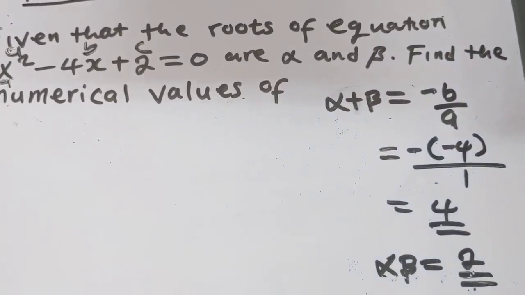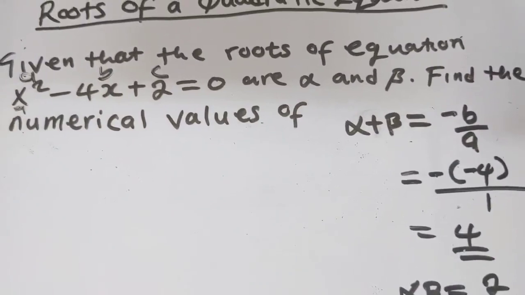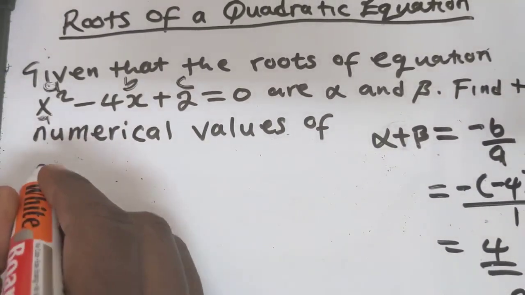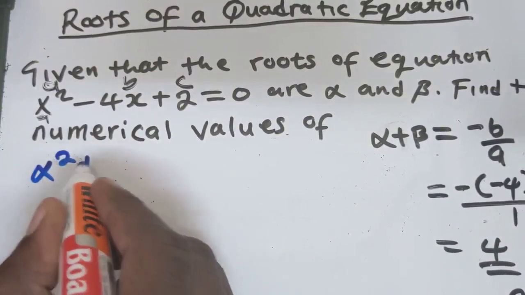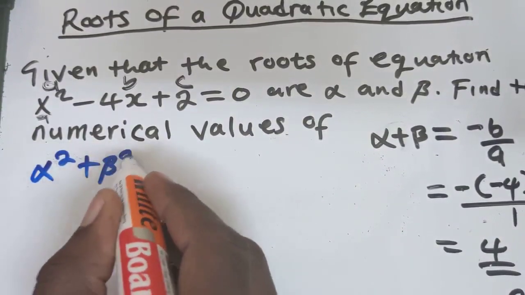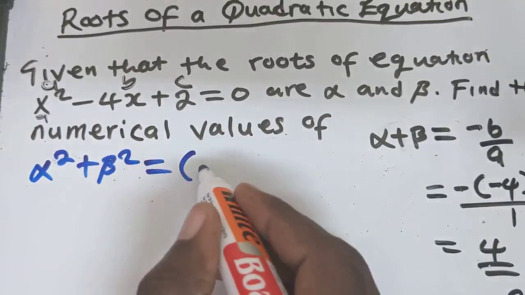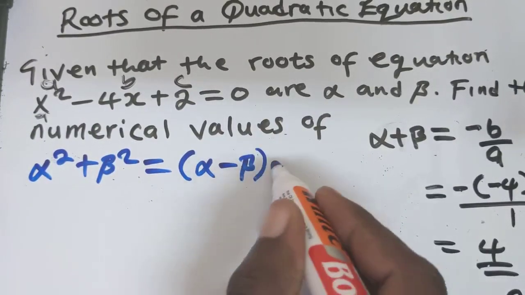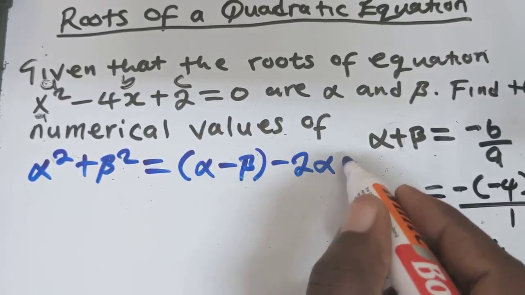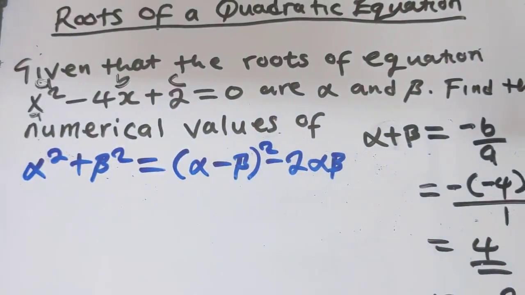So you know that for alpha to the power 2 plus beta to the power 2, we found that the formula is alpha minus beta, all squared, minus 2 alpha beta. That is the formula that we had found.